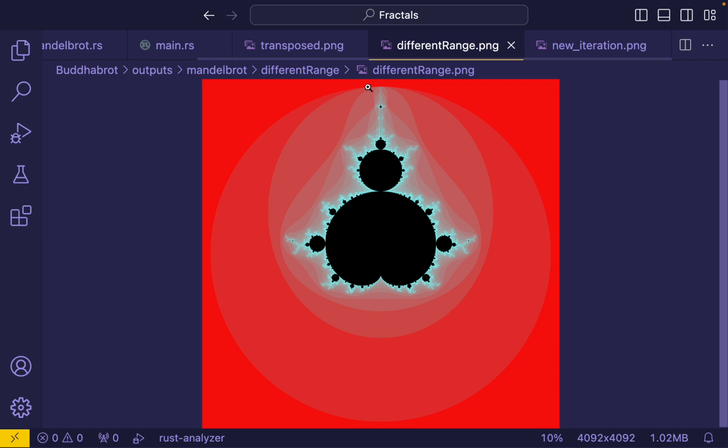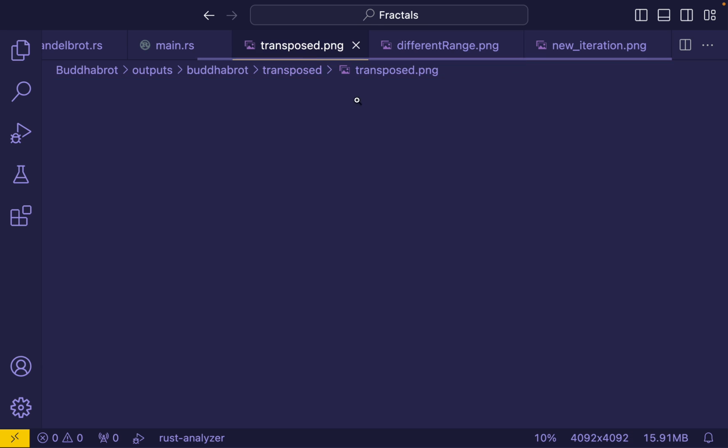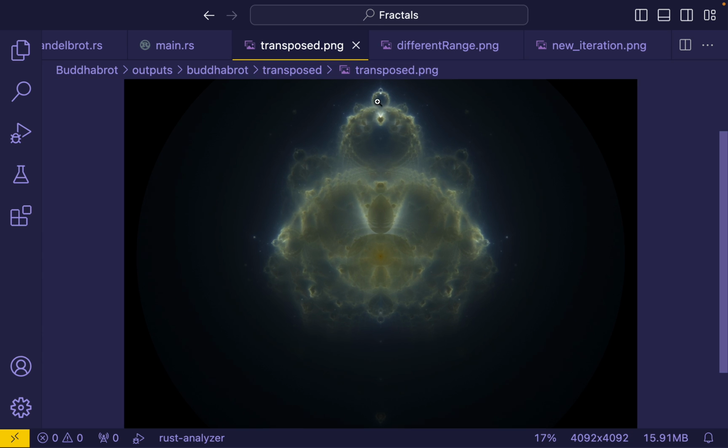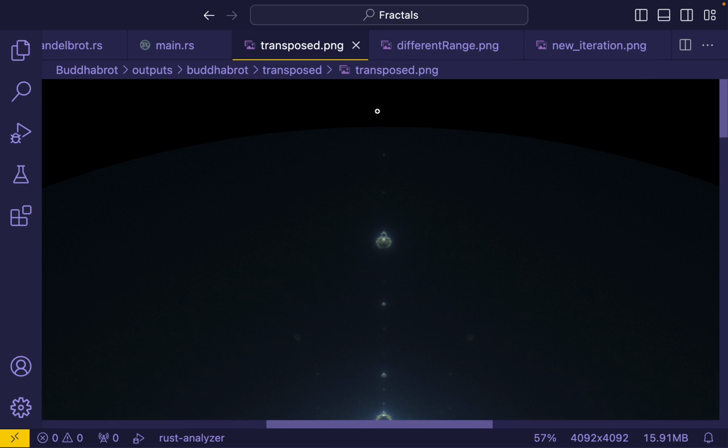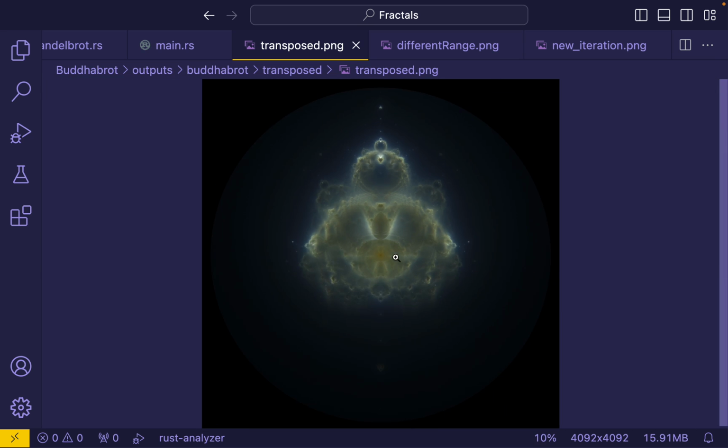And even this little island here, you could see that over here, and it's like a mini island of the Buddhabrot set, or the Buddhabrot Fractal.